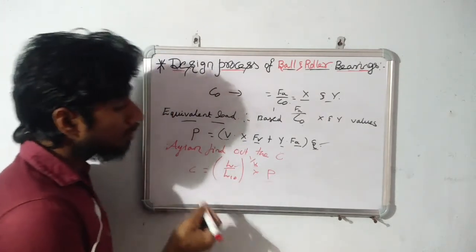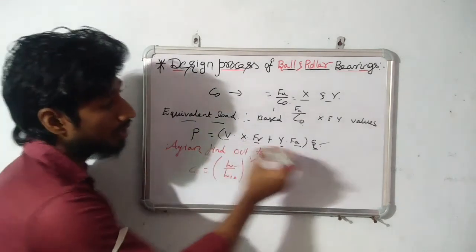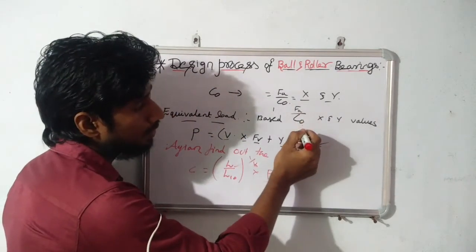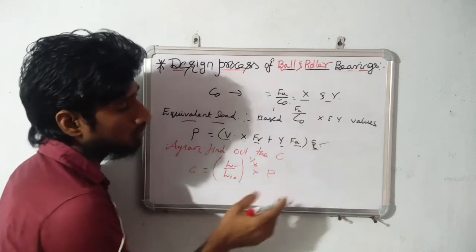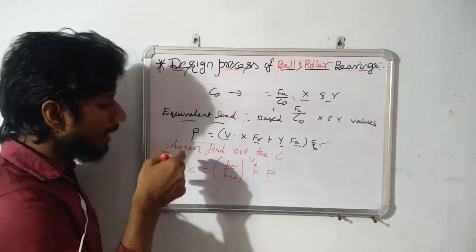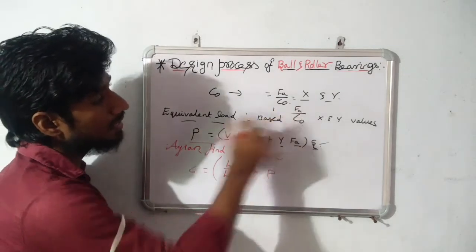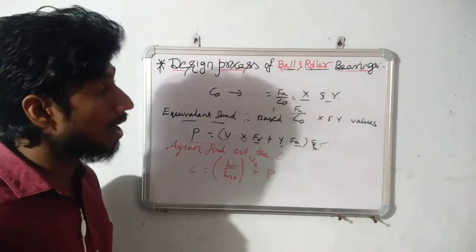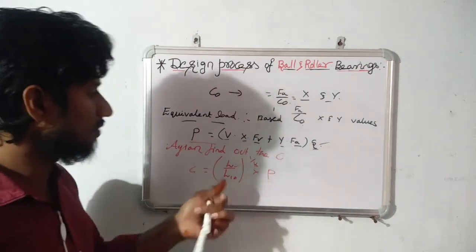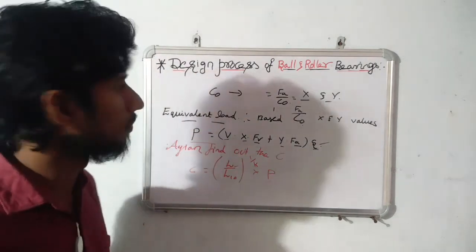But the P value varies. Why? Because the equivalent load here we find out with the help of FA by C naught x and y values. So that's why the equivalent load varies here. In this case, we consider the P value with the help of FA by C naught x and y values. So this is about the dynamic capacity value.